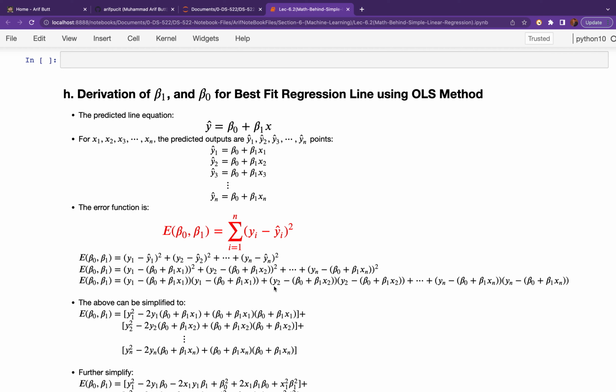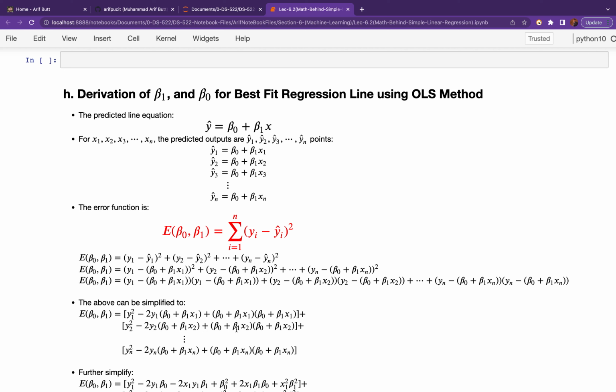In this equation, you can see that we can multiply the first term elements with each other and get the first term over here. So for this first term, we have multiplied these two terms and I've got this. And I have multiplied these two terms and I've got this. And finally, I have multiplied these two terms and I've got this.